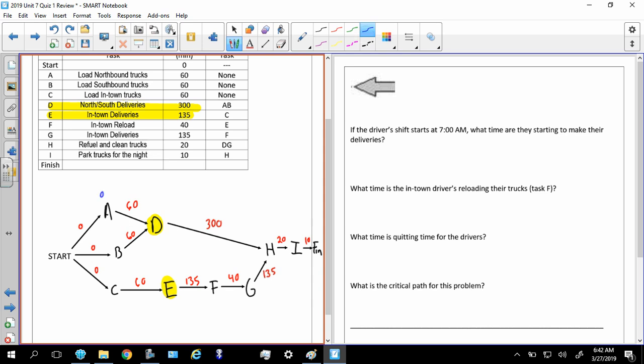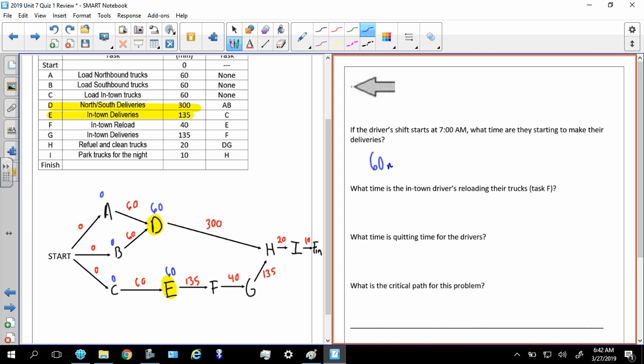So A, B, and C have 0. That's 60 minutes, E is 60 minutes. So if they start 60 minutes past 7 a.m., the answer would be 8 o'clock.